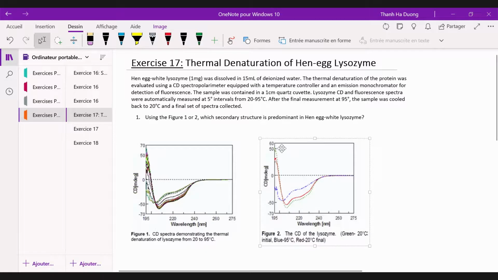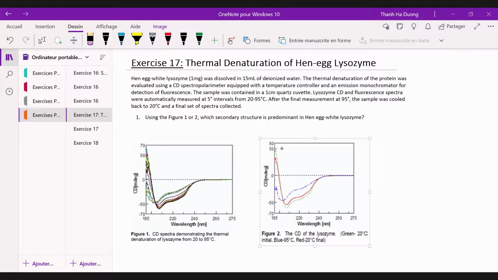So you have in the first and second figure the CD spectra of the proteins from 20 to 95 degrees.